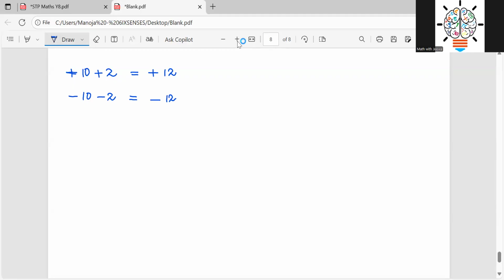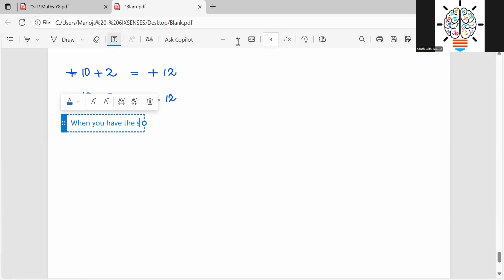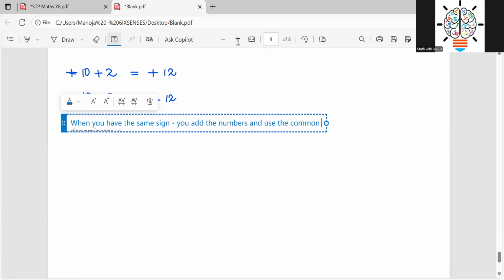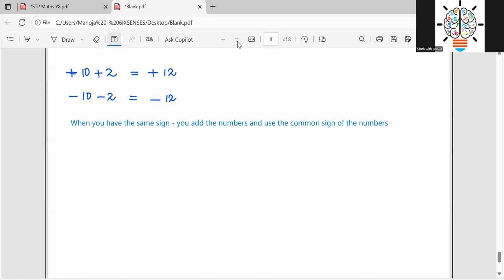If you have the same sign, you add the numbers and use the common sign of the numbers. Here you have positive, positive, the answer is also positive. Negative, negative, the answer is also negative.